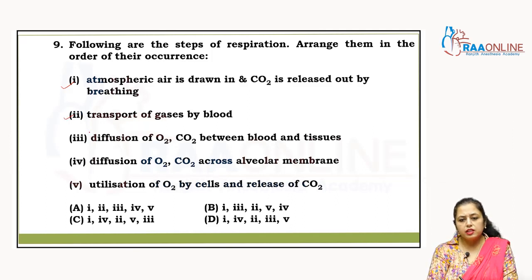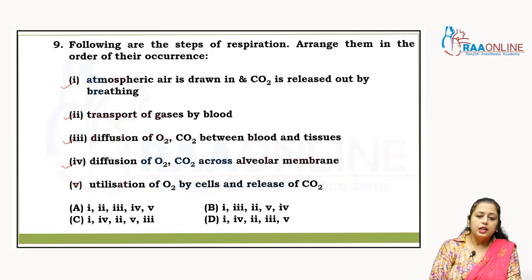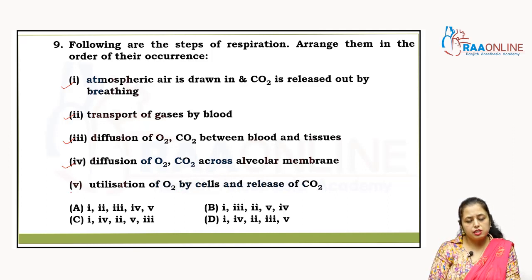Diffusion of oxygen and carbon dioxide between the blood and tissues. Right. Diffusion of oxygen and carbon dioxide across the alveolar membrane. Exactly. Utilization of oxygen by the cells and release of carbon dioxide. So all these are already properly arranged in their sequence of occurrence. So the answer is A, that is 1, 2, 3, 4, 5.